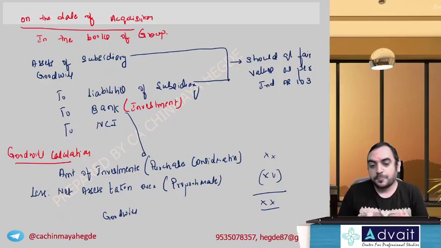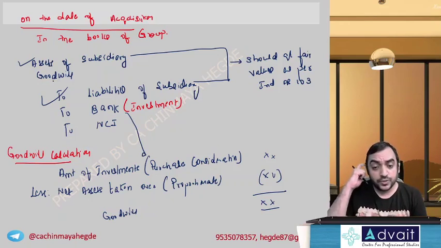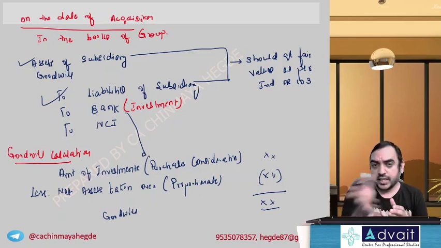Now, how do we calculate net assets? Net assets is calculated by assets taken over at fair value minus liability taken over at fair value. That is what net assets is.